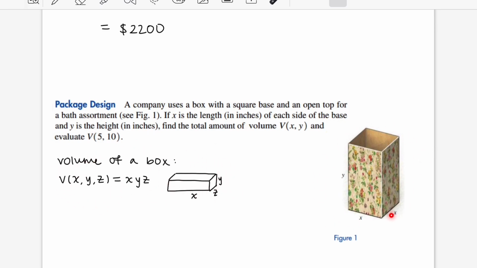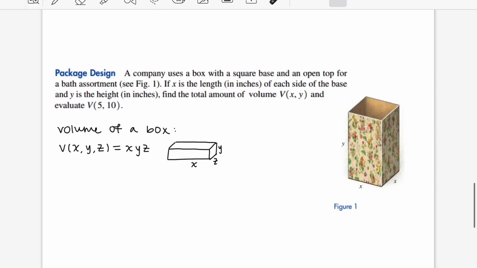However, in this case, we know that our box has a square base. So in this case, our length and our width are equal. So that's why the volume will only depend on the variable x and the variable y here, since these guys are equal. So our volume is only dependent on those guys.